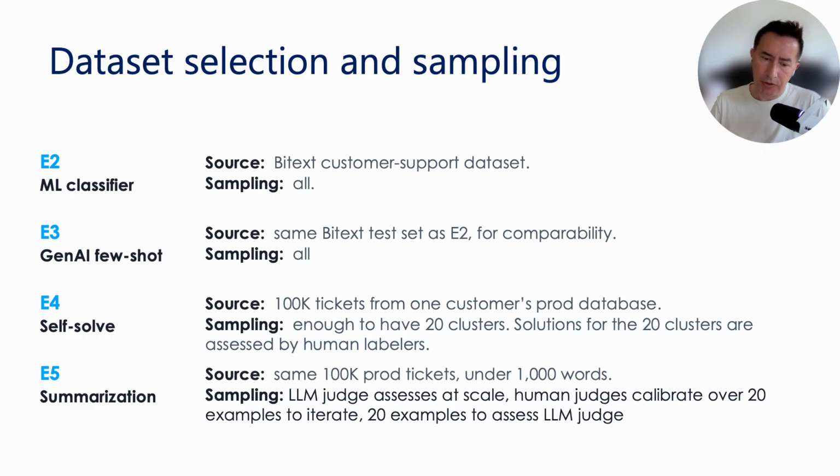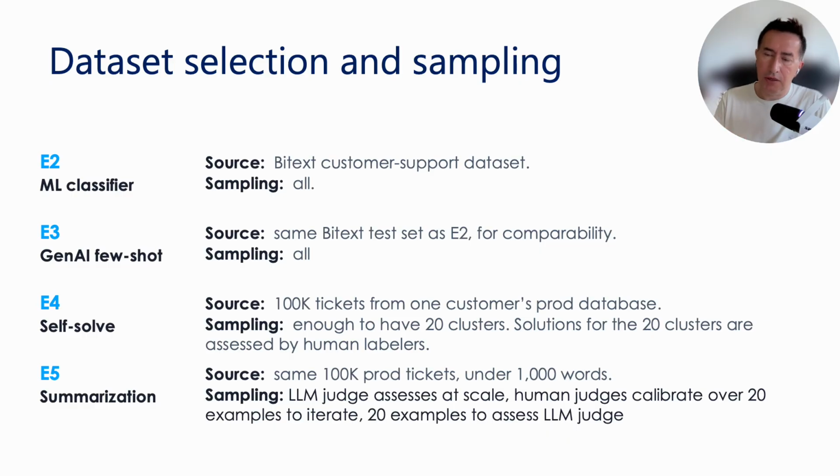Maybe the reason why we don't sample a subset is that we don't have humans label all the 100,000 summaries. We create an LLM judge that can assess whether the summary works fine, and maybe we just have a human to then calibrate the LLM judge. And we'll talk about this in a second.